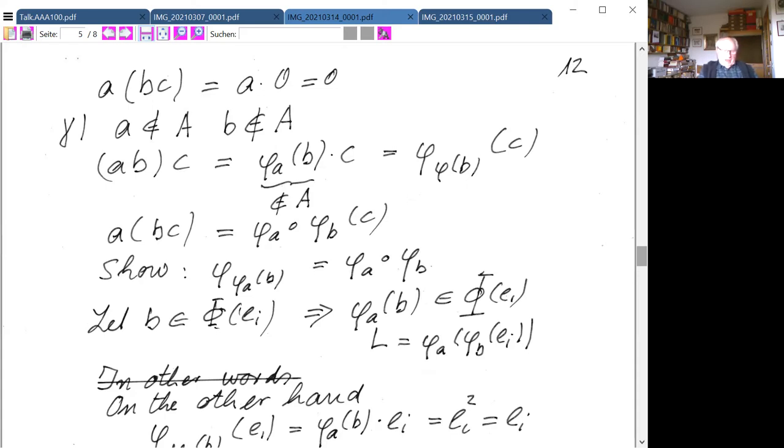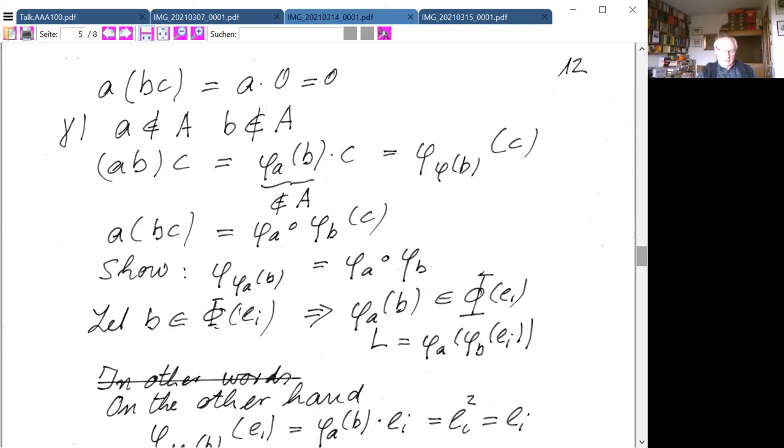The really interesting case is a is not in capital A, and b is not in capital A. Then (ab)c is φ_a(b) times c. Since b is not in A, it remains in the orbit of b. So it's φ of φ_a(b) equals c.